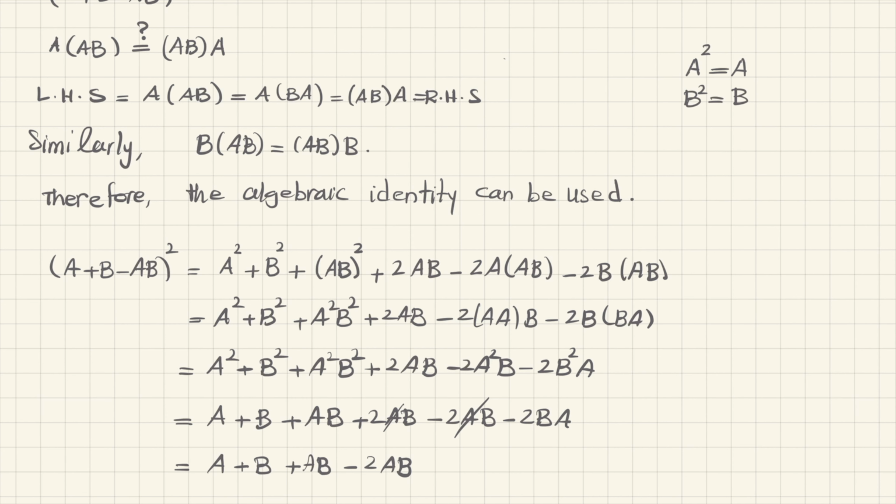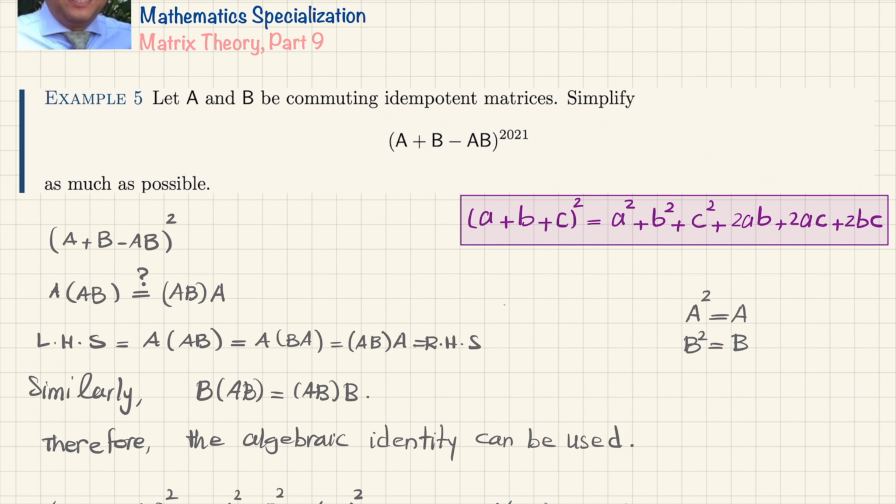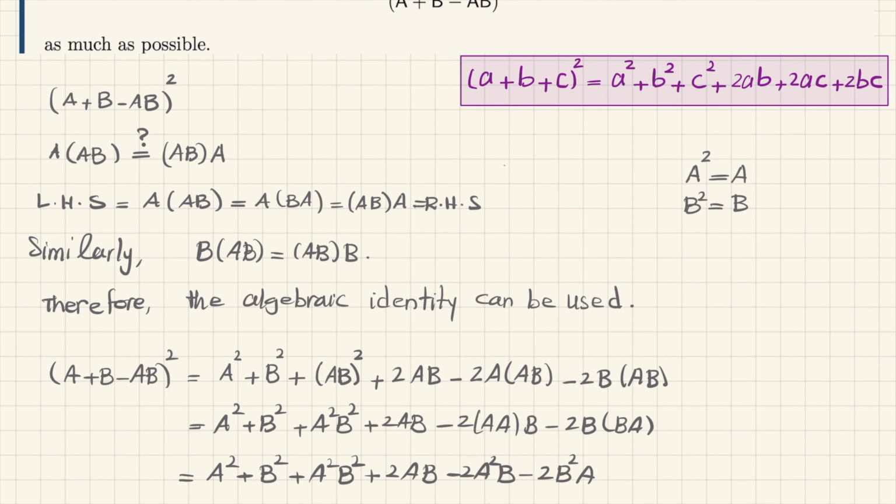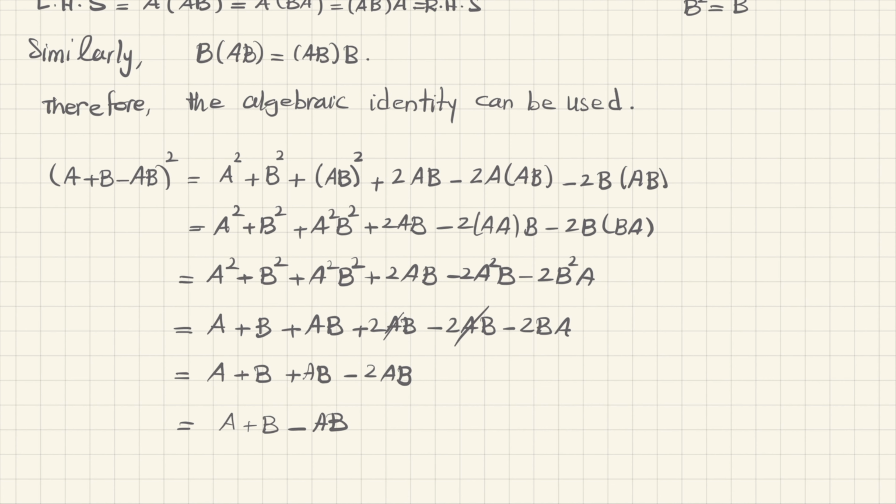of A and B. So what can I conclude about the power 2021? Yes? I wanted to say that you could conclude that A plus B minus AB is idempotent. Exactly. So therefore, A plus B minus AB is also an idempotent matrix.